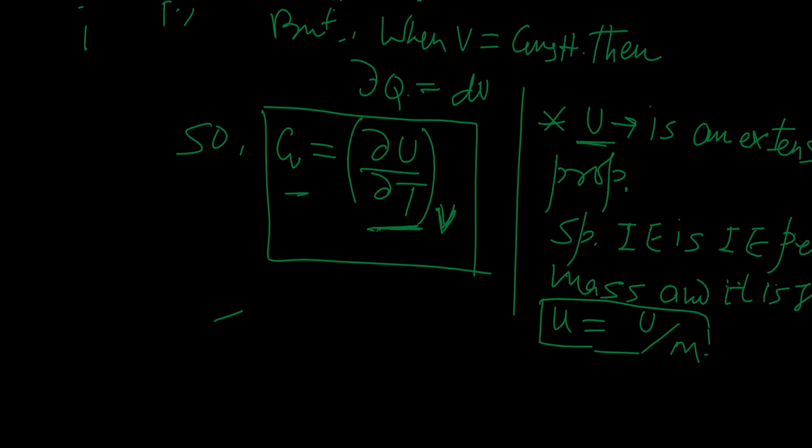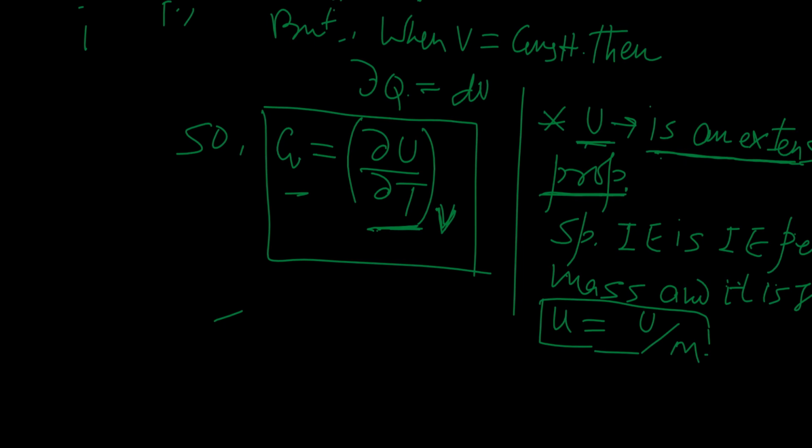This thermodynamic potential U is an extensive property of our system. What do we mean by extensive property? An extensive property is simply a mass dependent property. If any thermodynamic property of a system depends on the mass of the system, it is called an extensive property.